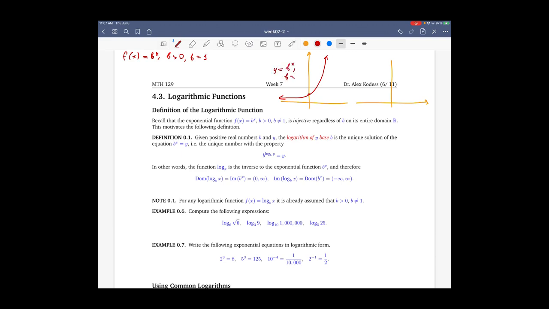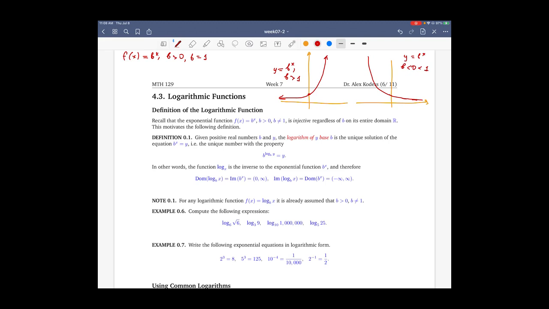When b is greater than 1, this is a very rapidly increasing function. And when b is between 0 and 1, this is a rapidly decreasing function.